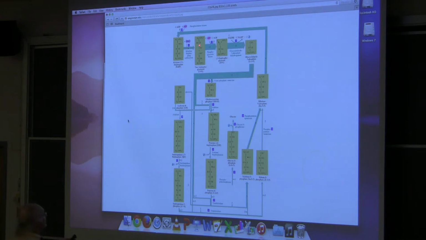The addition of this carbon dioxide to this molecule creates a 6-carbon intermediate that is very unstable. And it falls apart and creates 2 molecules of 3-phosphoglycerate. Okay?